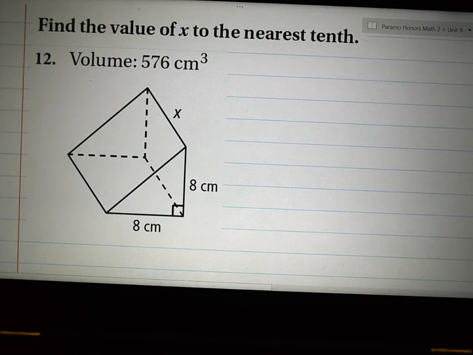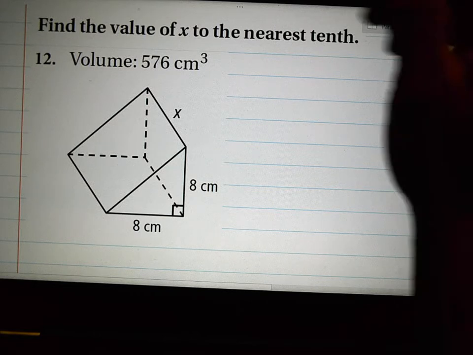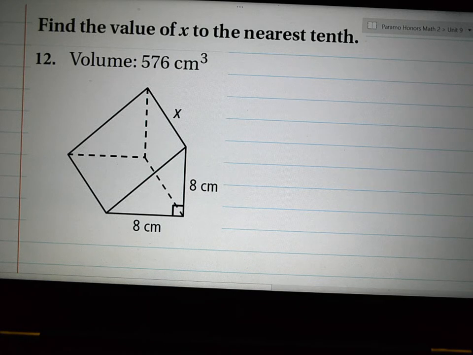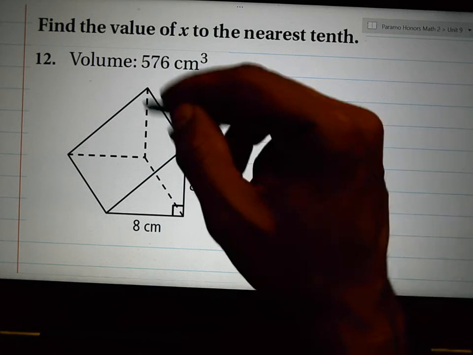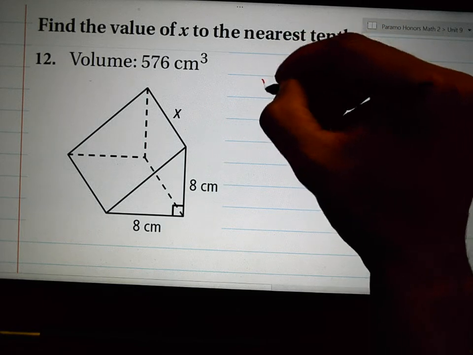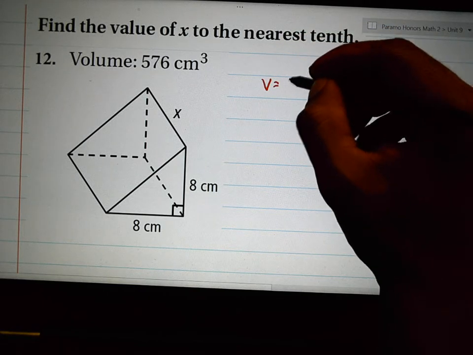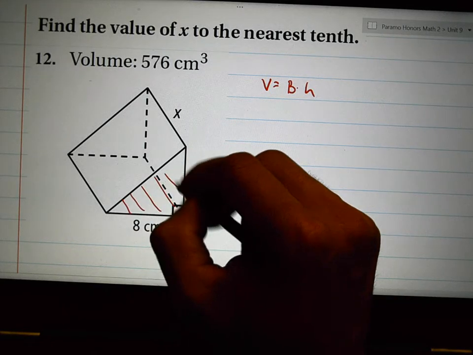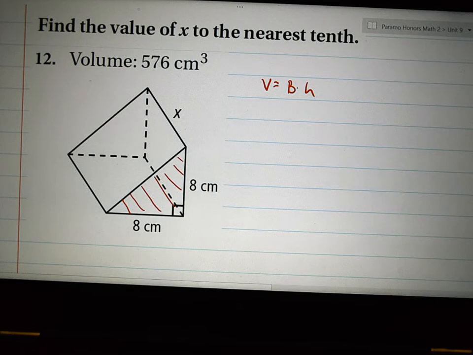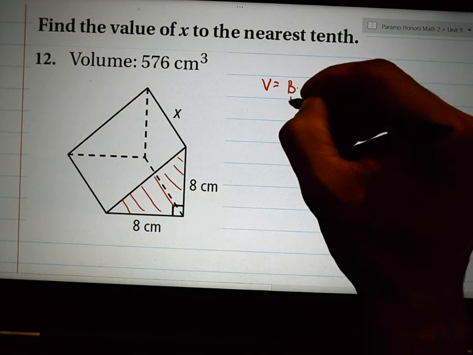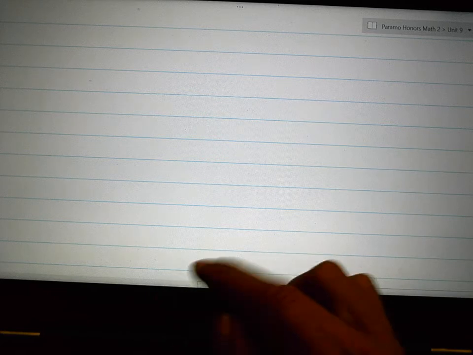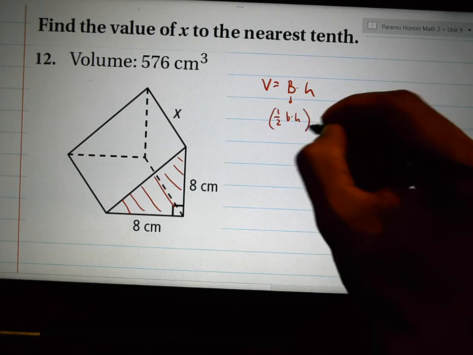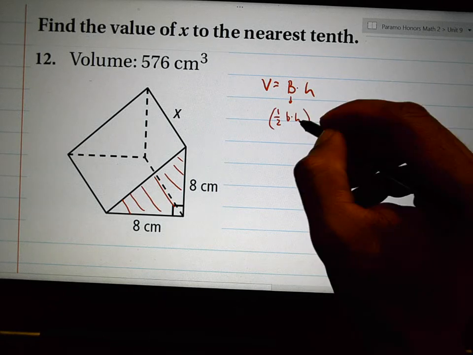Find the value of x to the nearest tenth. They give you the volume. So I look at this shape and I go, okay, I know what the volume of a triangular prism is. The volume is equal to the big B times the H. Big B would be this triangle. I need to know what the area of the triangle is. In that formula, since it's a triangle, I know that this is 1/2 the base times the height that are perpendicular to each other.